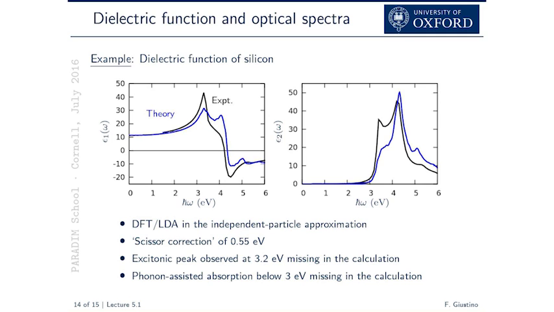So what can one do beyond this point? Well, in practice, at this point, you cannot do much. You need to move up to a higher level of theory. In practice, this expression that I gave you is what is called the independent particle approximation. So you're assuming that electrons are completely independent in the system. When you have an excitation by light, you can just change the occupation numbers, so an electron goes up or down.